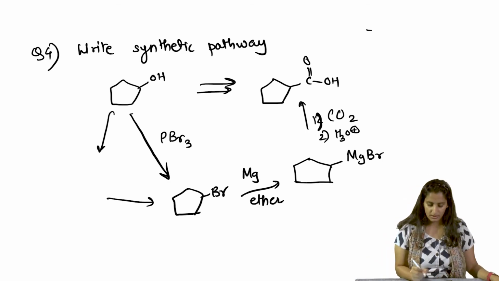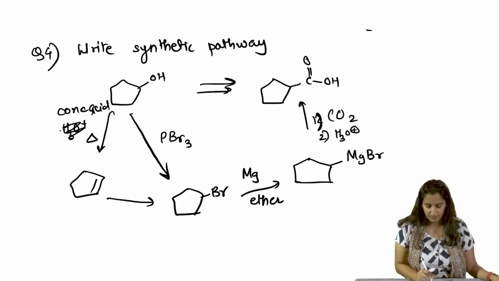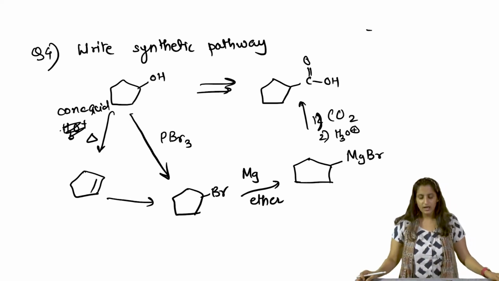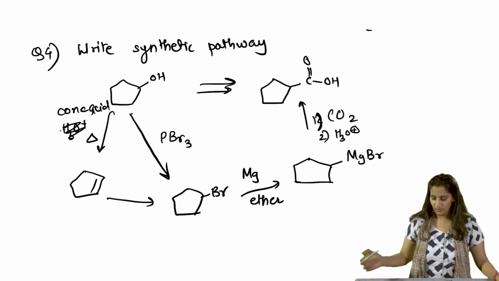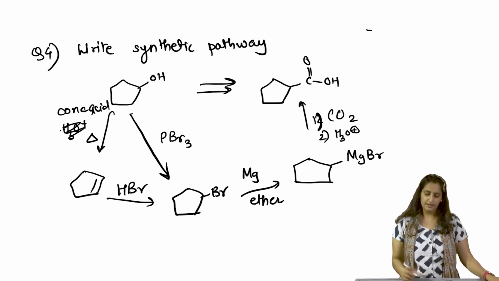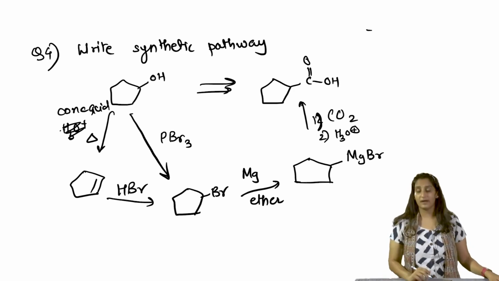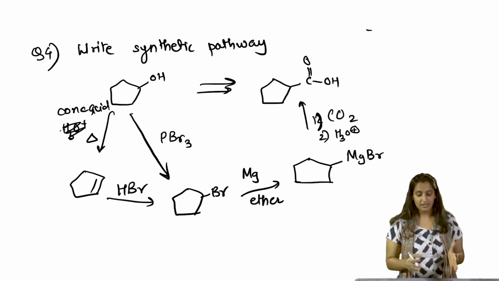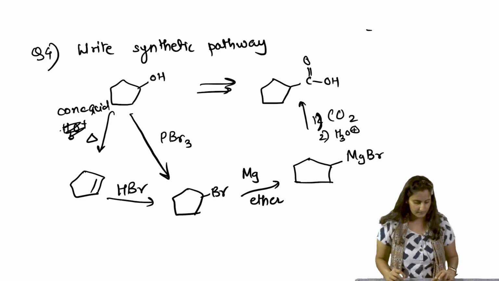We can first do dehydration, concentrated acid and heat, we form the corresponding alkene, and with that alkene we can add HBr in the second step to get to the bromide. So, that is the possible reaction pathway to get from this starting material to this product.